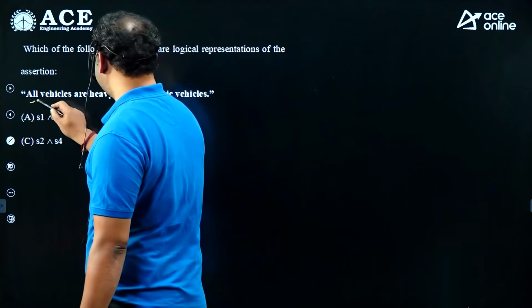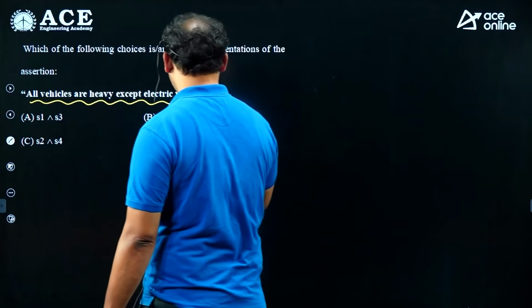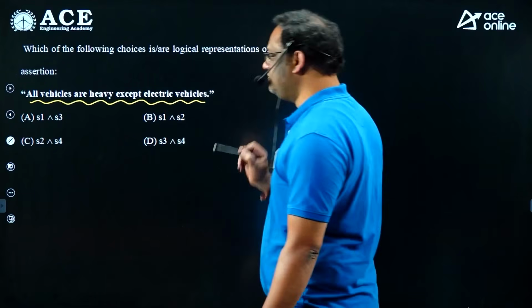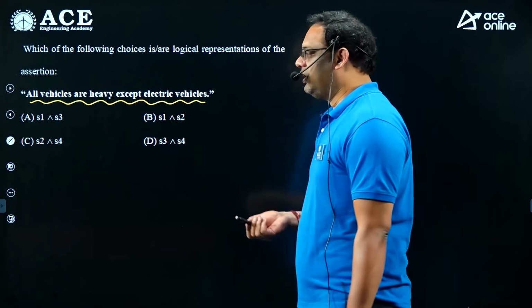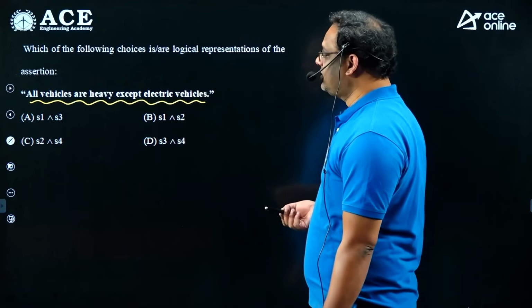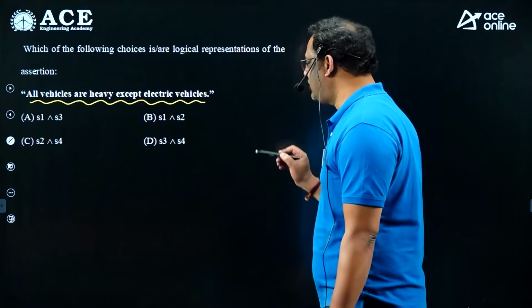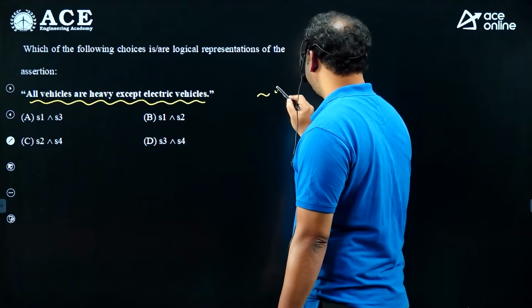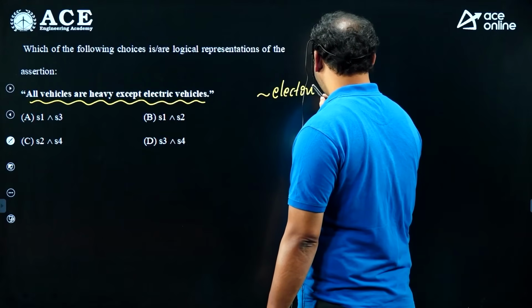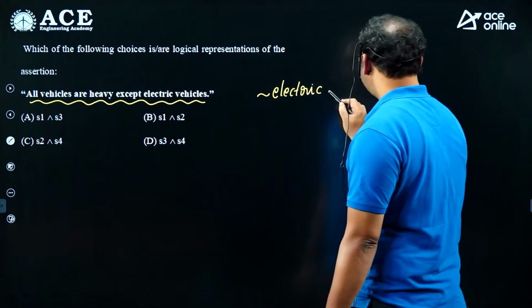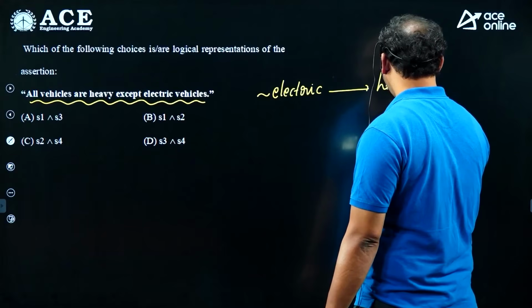All vehicles are heavy except electric, which means that in this statement, we are not talking about all vehicles. We are talking about the vehicles which are not electric. Yeah, if the vehicle is not electric, then we can say it is a heavy vehicle.